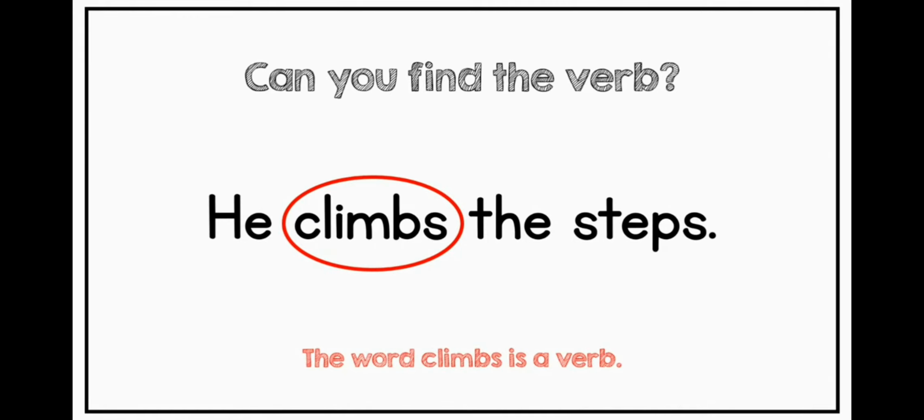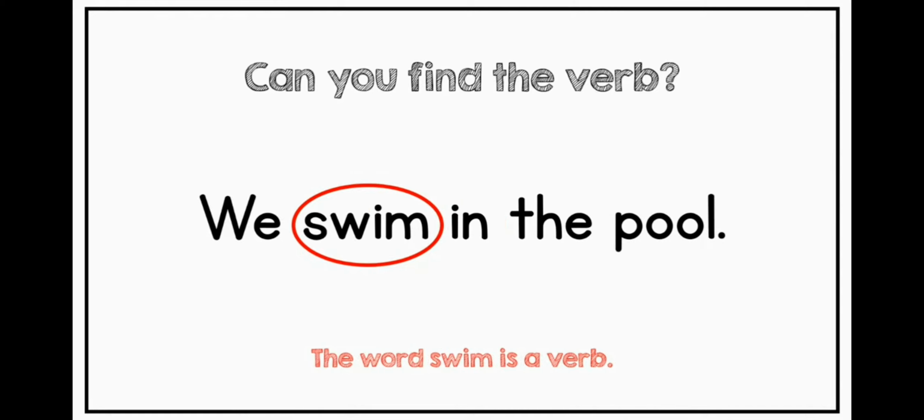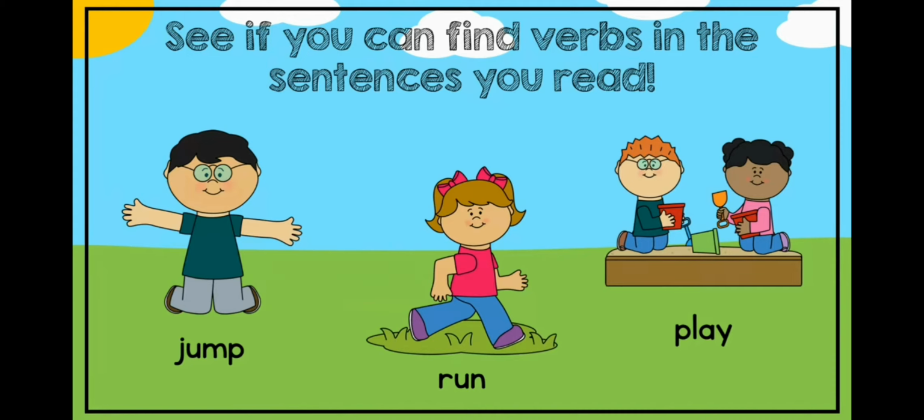He climbs the steps. The word climbs is a verb. We swim in the pool. The word swim is a verb. See if you can find verbs in the sentences you read.